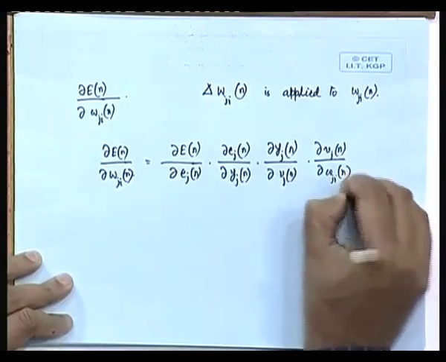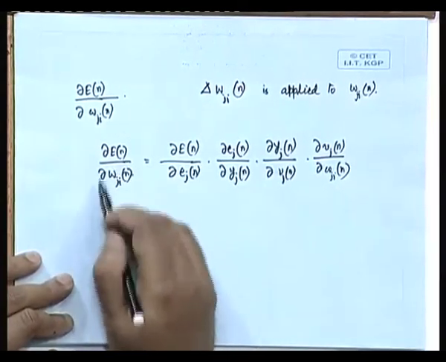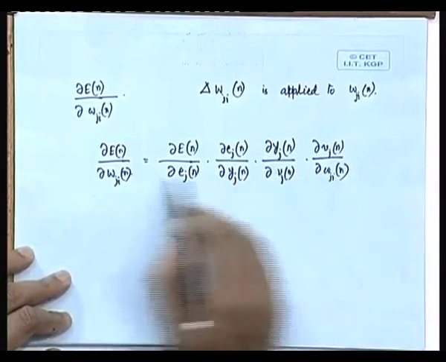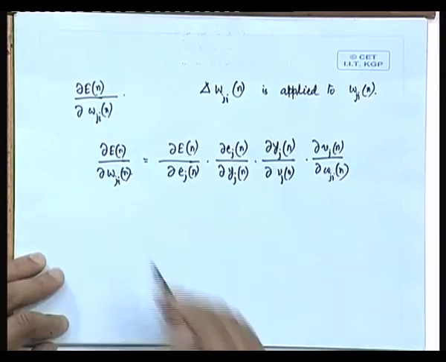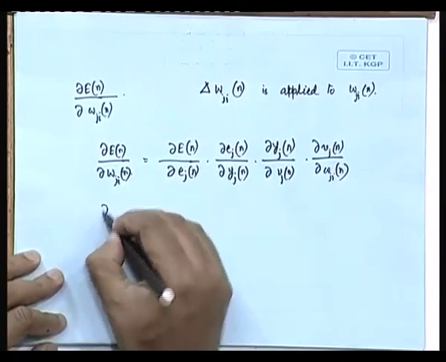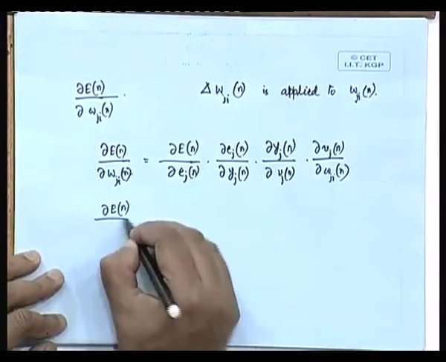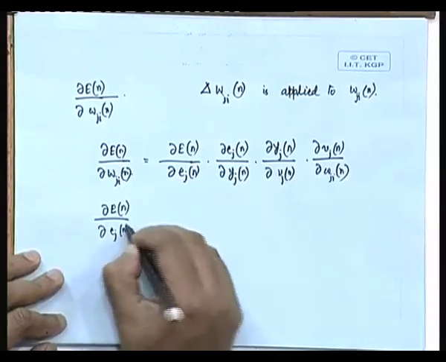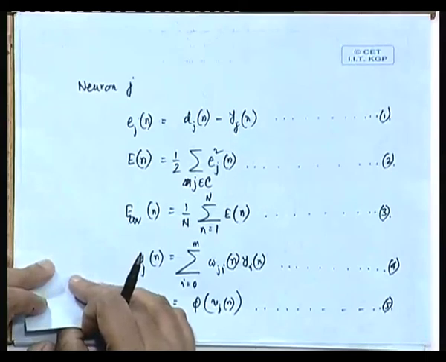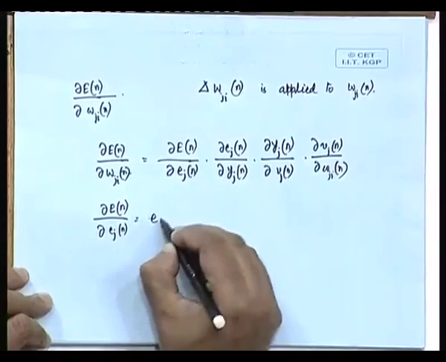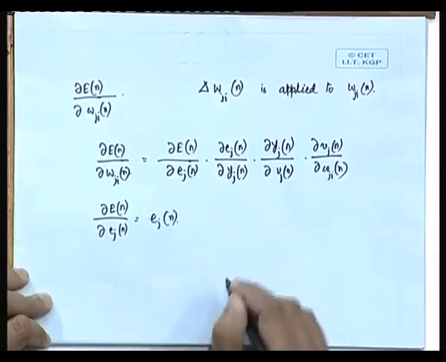So this simple expression is written as a product of 4 terms, but getting the product of these 4 terms is very easy. Dou En dou Ejn we get very easily: it is simply equal to Ejn.